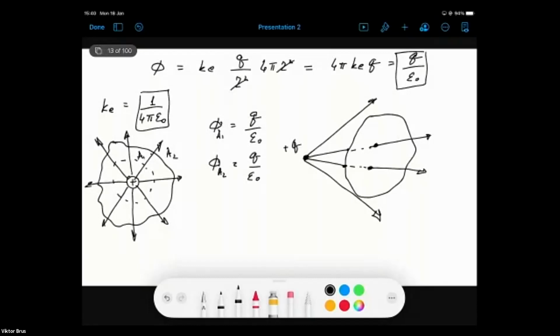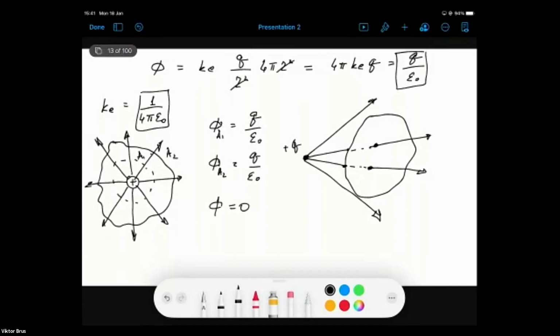If they are equal, the electric field flux created by charges located outside the closed surface will be equal to 0, because we have the same number of entering and exiting electric field lines.